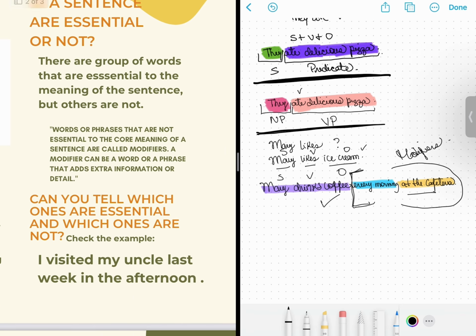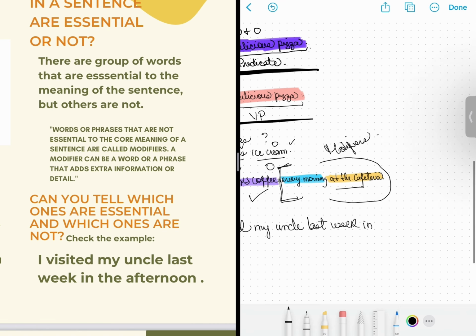Pay attention to this. Now can you tell which ones are essential and which ones are not essential in this following example? We have here another example, and it is good because by example is how we learn. I think this way is going to be helpful for you, because I like instructional videos.